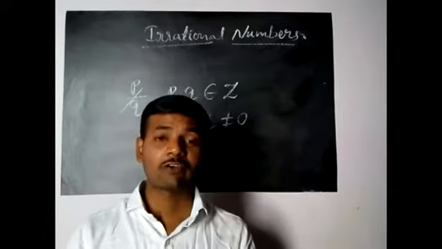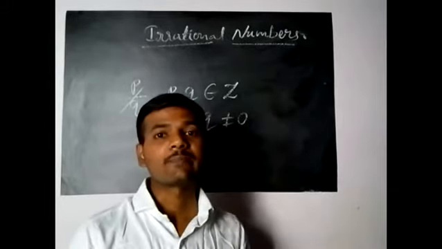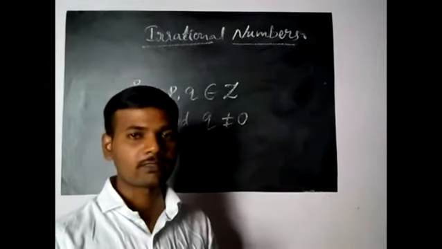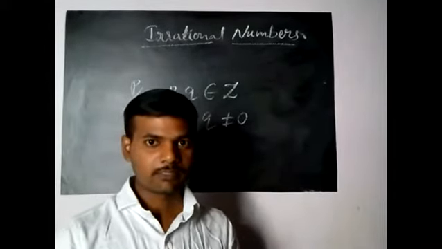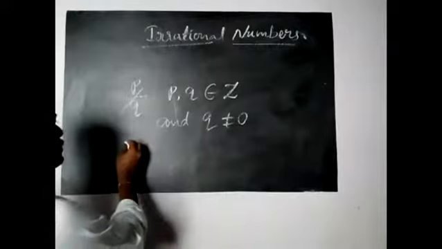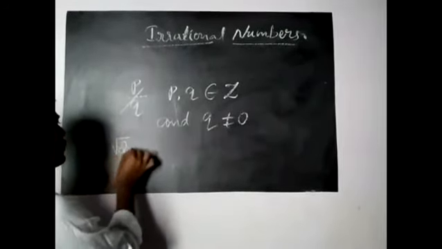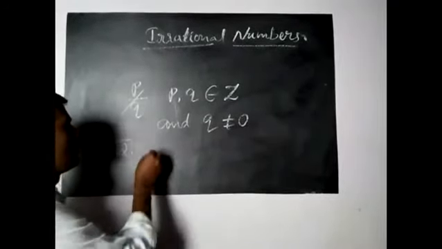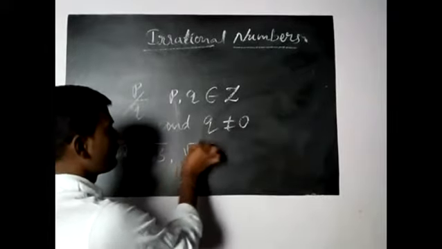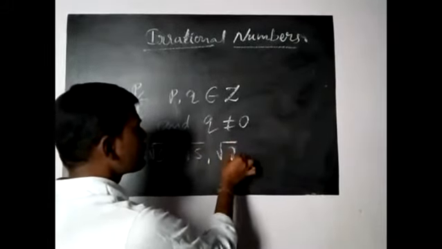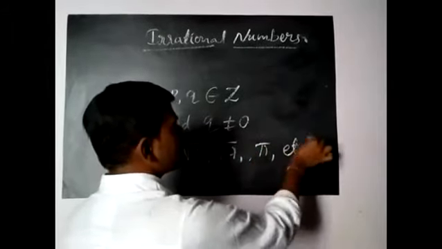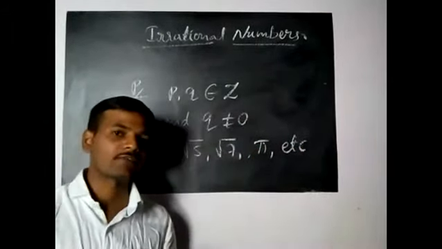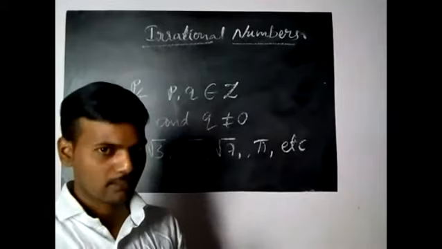Firstly, we will look at examples of irrational numbers. Root 2, root 3, root 5, root 7, etc. are examples of irrational numbers.